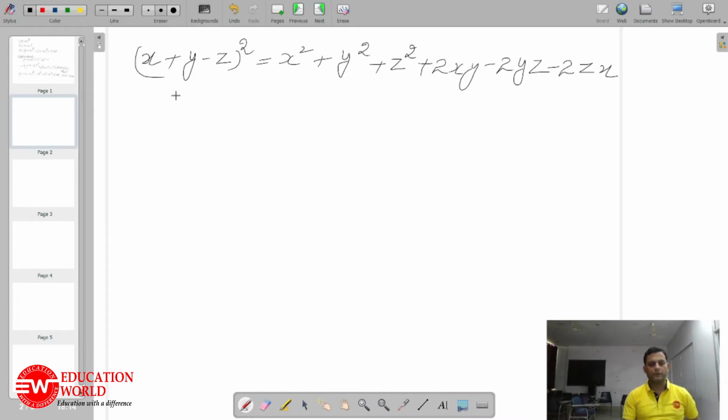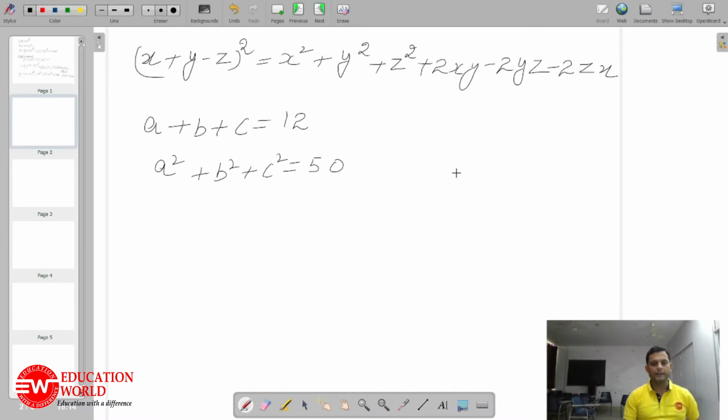So now for finding the values, we can find by using this formula. Like in your exercise, they have given us a plus b plus c is equal to 12. Another thing they have given, a square plus b square plus c square is equal to 50.